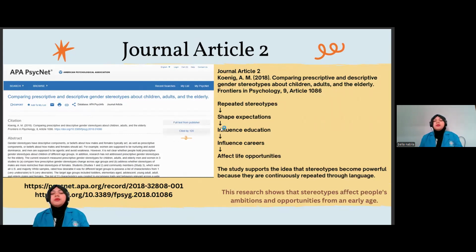Repeated stereotypes shape expectations, influence education, influence careers, and then affect life opportunities. The study supports the idea that stereotypes become powerful because they are continuously repeated through language. Here's the link. This research shows that stereotypes affect people's ambitions and opportunities from an early age.